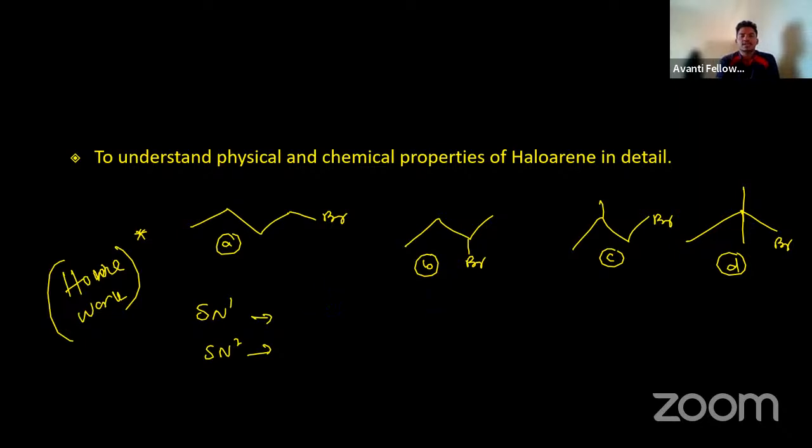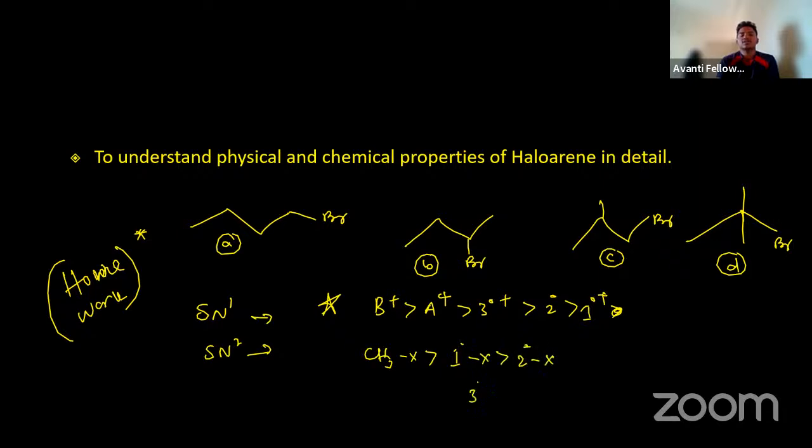Again, remember the trick. What is the trick, guys? SN1 favors benzyl cation, allylic cation, tertiary cation, secondary cation, primary cation, and that's it. What about SN2? SN2 favors methyl halide, primary halide, secondary halide.